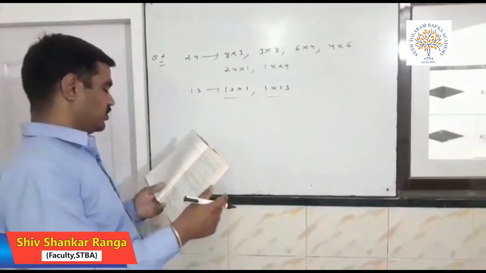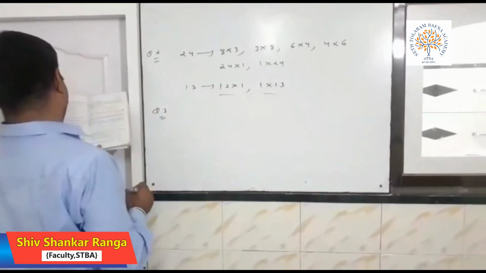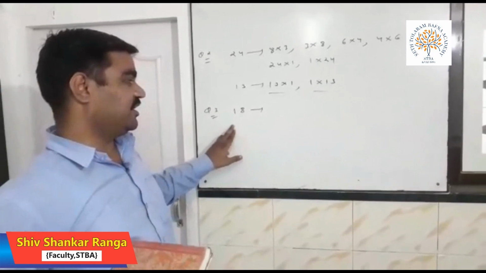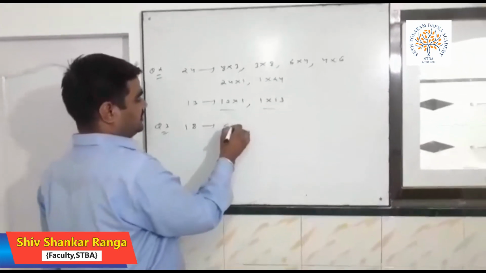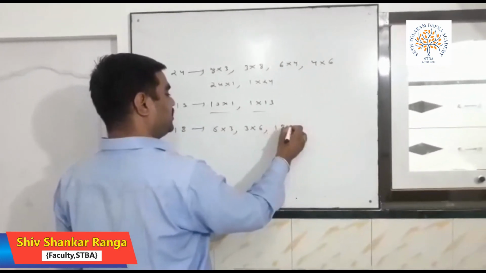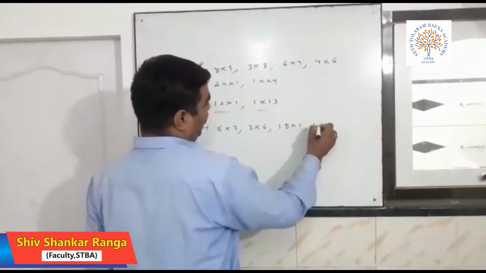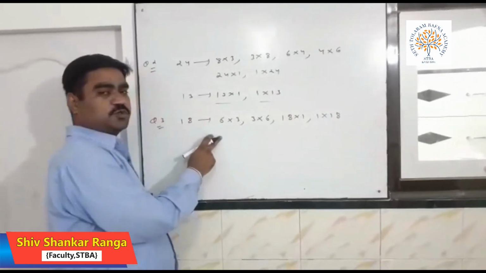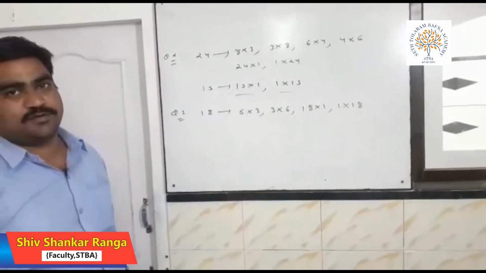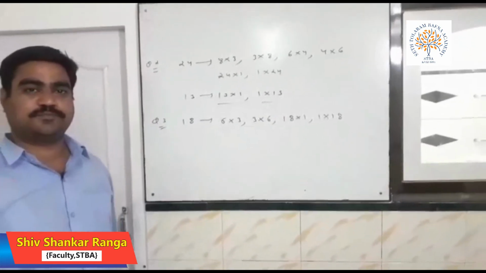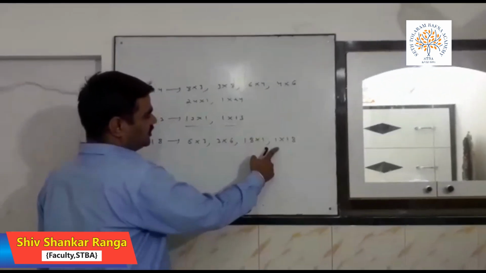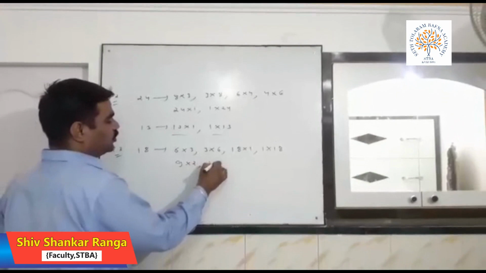Next question. Question number 3. If a matrix has 18 elements, then possible orders are 6 into 3, 3 into 6, 18 into 1, 1 into 18, and 9 into 2, 2 into 9.